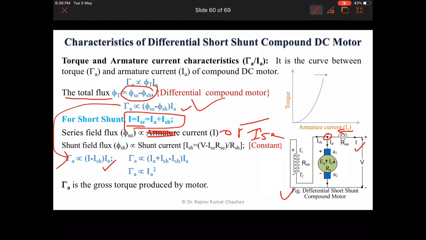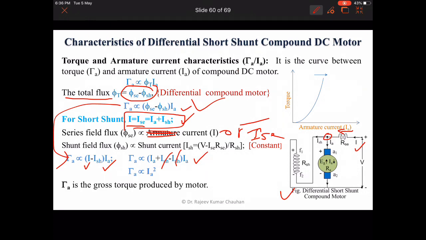We know from the circuit that I is equal to Ia plus ISH. Let us substitute the value of I here, we will get this equation, and ISH minus ISH will cancel out. So, tau A is proportional to IA square. So, tau A is the gross torque produced by the motor.